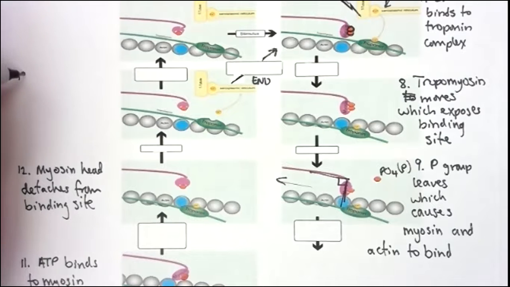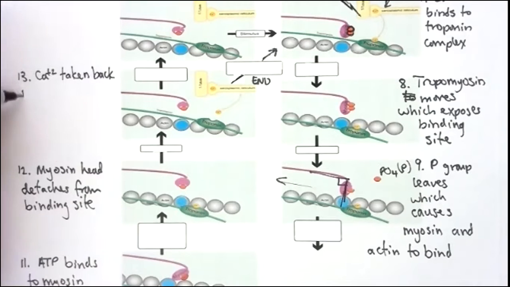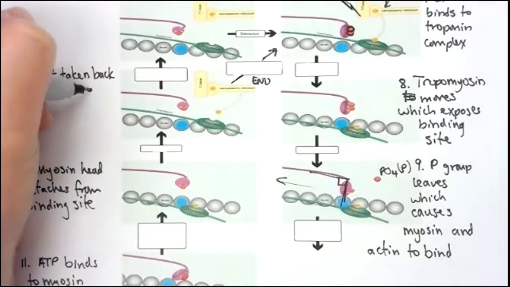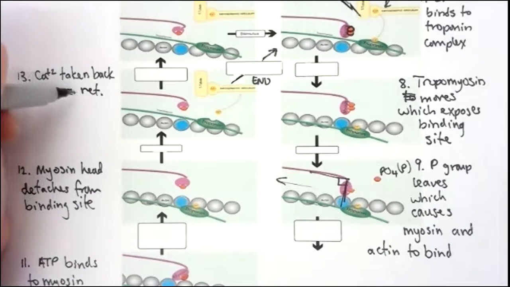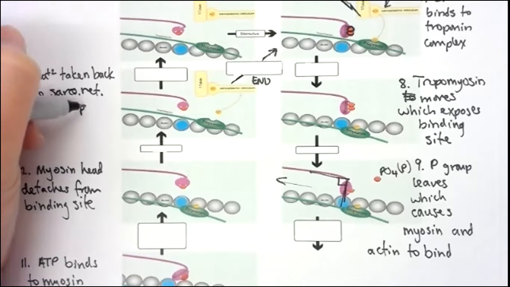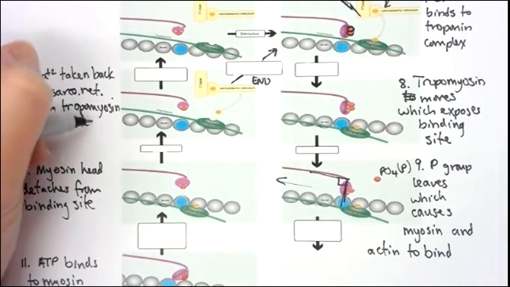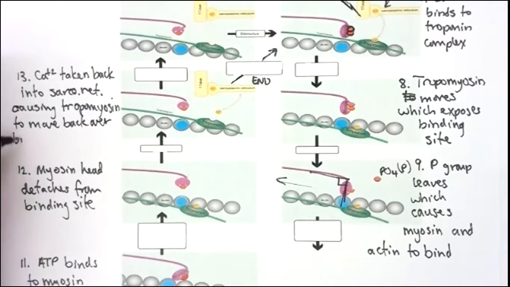So step number 13 is calcium is taken back into the sarcoplasmic reticulum, causing the tropomyosin to move back over the binding site.